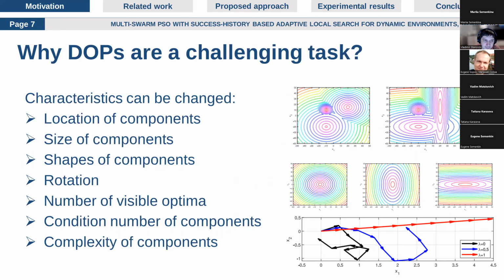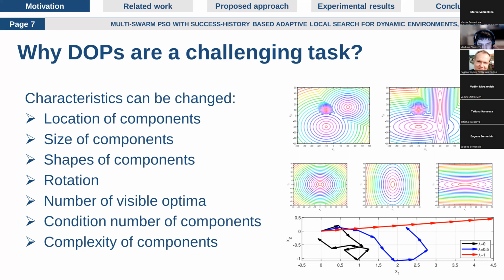So why actually do we need to consider dynamic optimization problems as a challenging task? Well, of course, every optimization problem could be challenging if it's complex, if it's big enough, but there are special difficulties in the dynamic case. Usually the dynamic optimization problems are modeled by several peaks, as you can see on the pictures on the right.